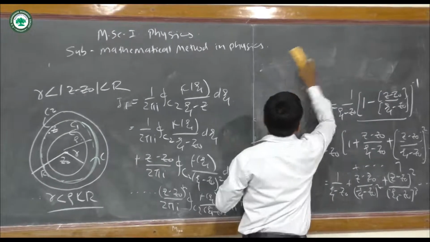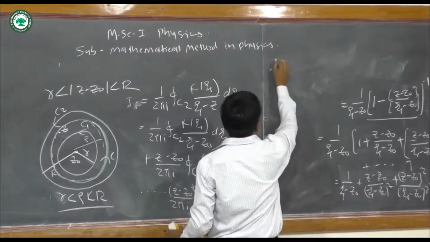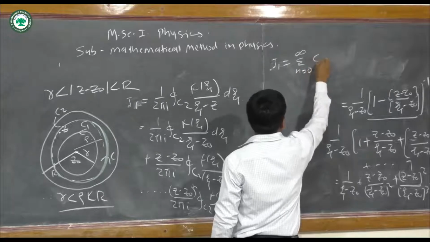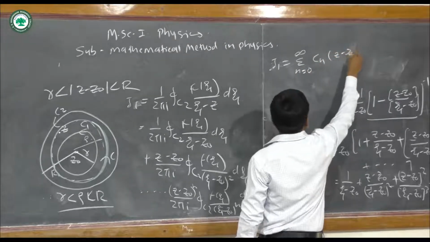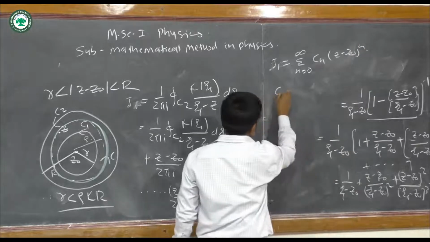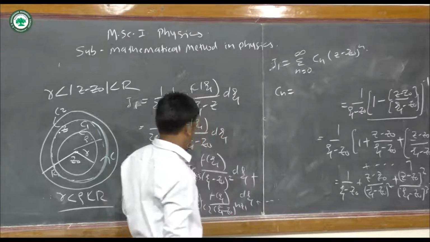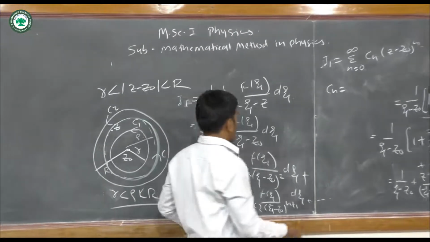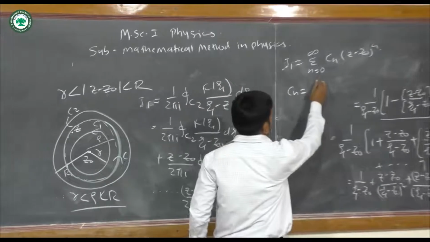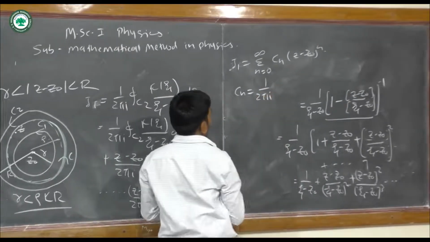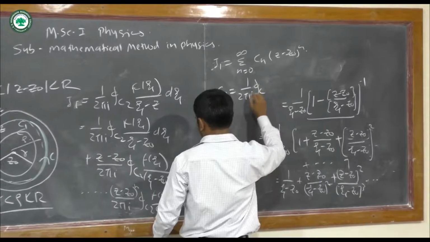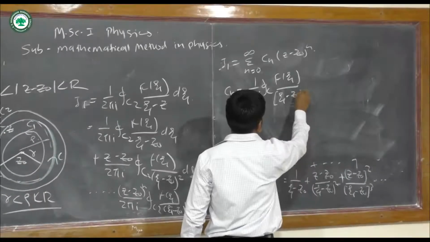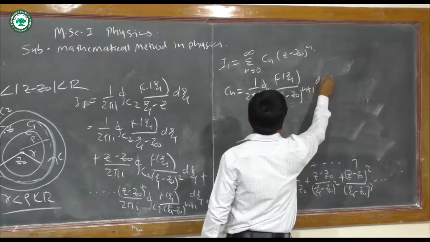Here I directly write I1 is equal to summation over n equal to 0 to infinity of Cn into z minus z naught to the power n. Now for the Cn, I am considering z minus z naught power n divided by 2 pi i, or sorry, this thing, that is 1 by 2 pi i closed integral over C of f of psi divided by psi minus z naught to the power n plus 1 d psi.